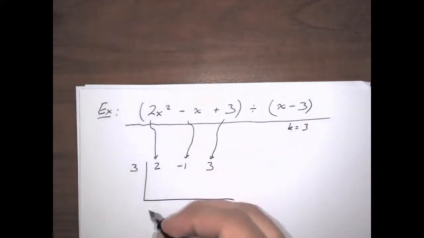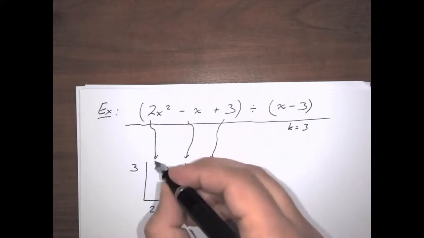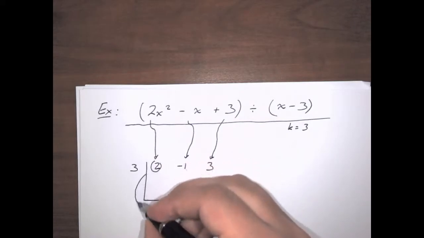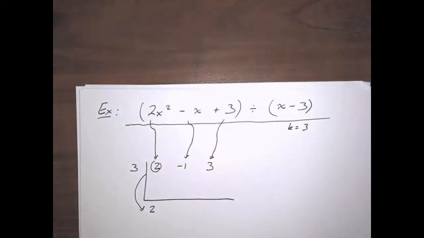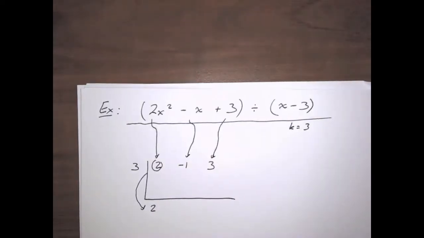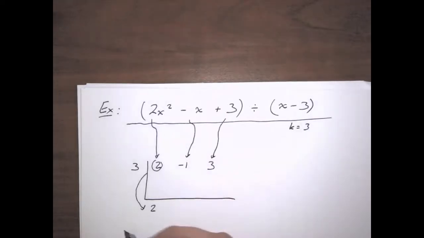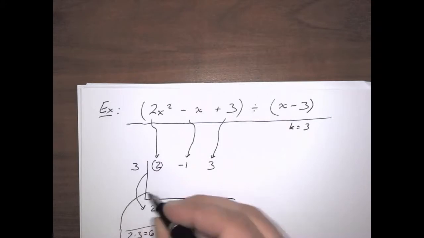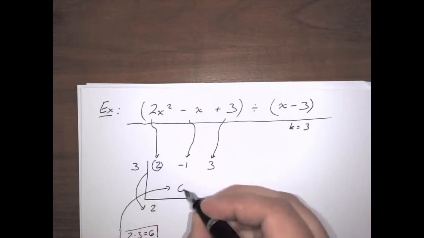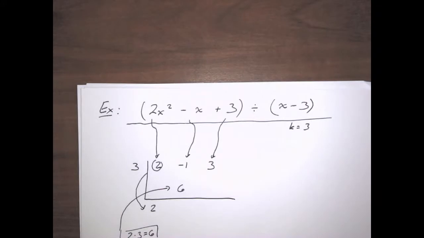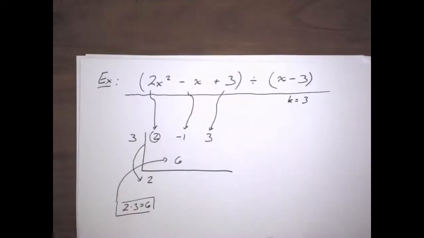Now the very first entry, you just bring down the 2. So the very first entry just drops immediately down. And then you do this times the 3, and that goes right there. So the 2 times the 3, so times the k, gives you the 6.